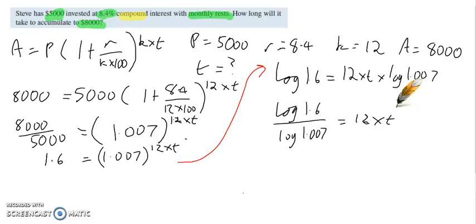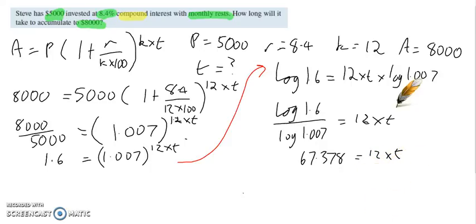Use the fraction button so that it becomes like a fraction as you see on the board. Now, with the calculators we have, you've got to make sure, because I just realised I didn't, to close the brackets when you type in logs or it goes funny. And we get 67.378 equals 12 times t.